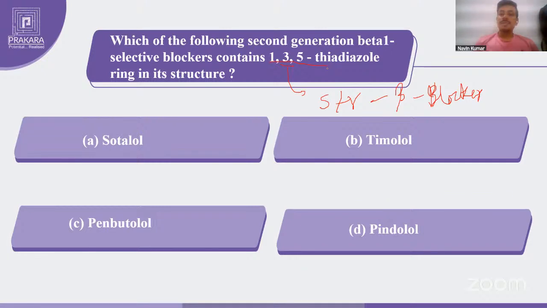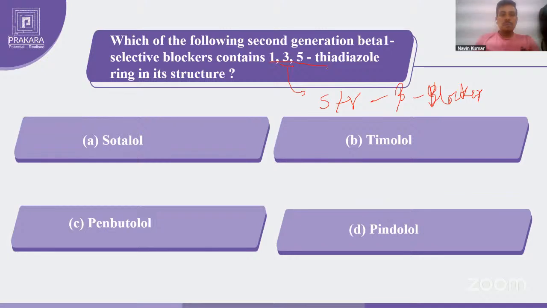If any student attempts it, they will get full marks. The question was about a beta 1 selective blocker having a 1,3,5 thiazide in its structure, but all the given options are incorrect.